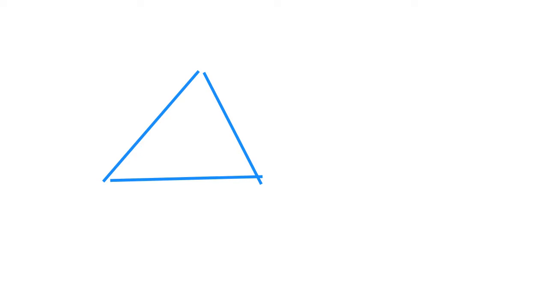All right, so you're to pretend that this is an equilateral triangle, which means that all of those sides are equal. Now we're going to talk about what is the area of an equilateral triangle, because we need to know how to do that.